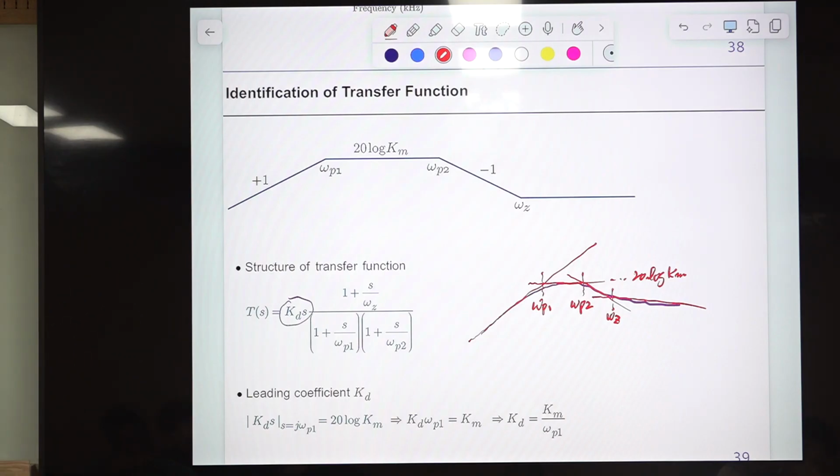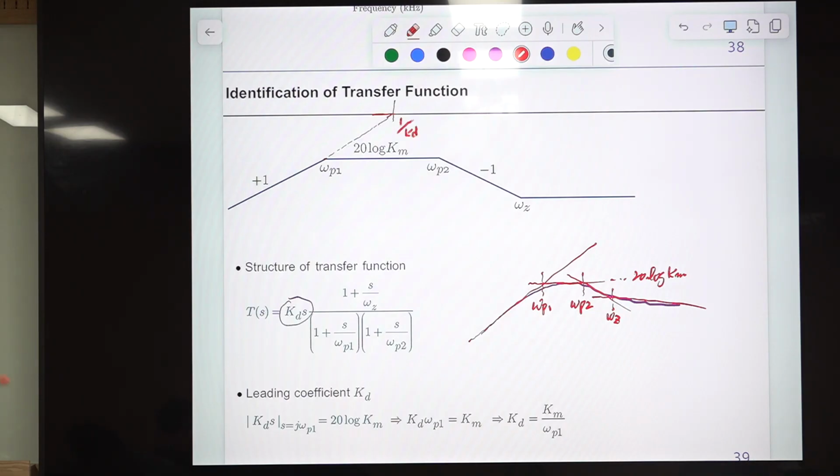Actually, if you extend this, you will hit the 0 dB line somewhere. Okay, then this coordinate, this value is 1 over KD. KD, right? Small KD. 1 over KD.